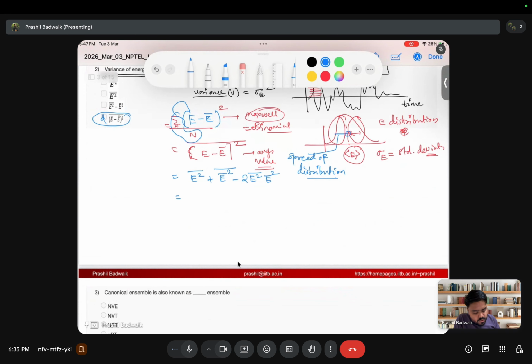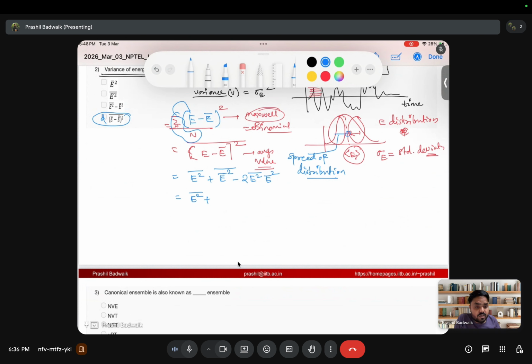So what you are supposed to get? You will get E average as the square of the values, take their average, then plus average value square. I have an average value, and I'm taking the square of that value, because the average value is only one value, right?